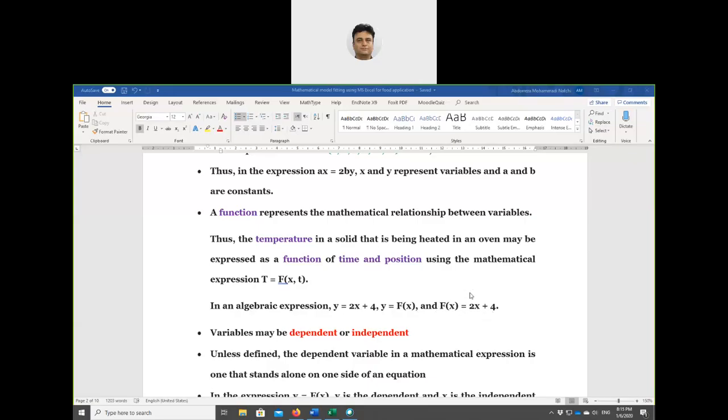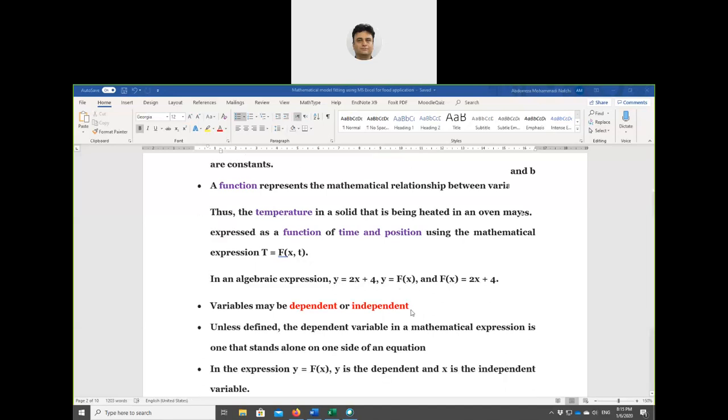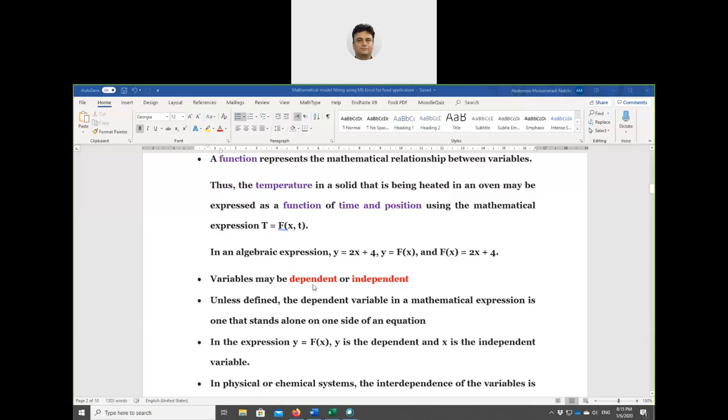We could rewrite it like this, function of x, or also write it as y. Sometimes we write y equal to 2x plus 4, sometimes f(x), function of x, is equal to 2x plus 4. Variables may be dependent or independent. So x, y, z, t, sometimes we use these as dependent and independent.